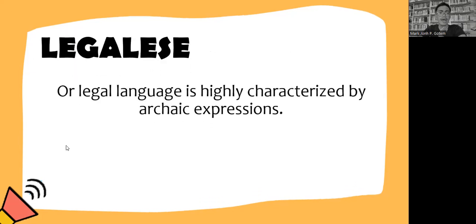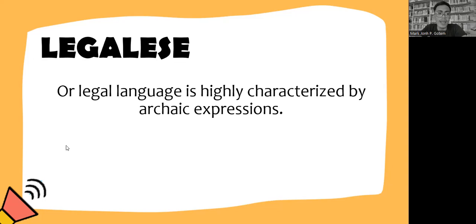And we also have legalese, or legal language, highly characterized by archaic expressions, very old or old-fashioned words that are not immediately understood. Legalese is also formal and very technical language of legal documents that is often hard to understand.